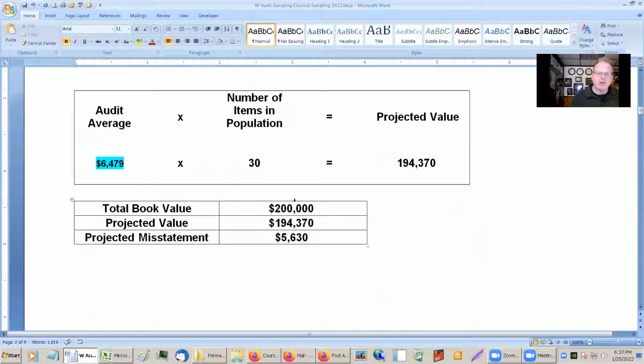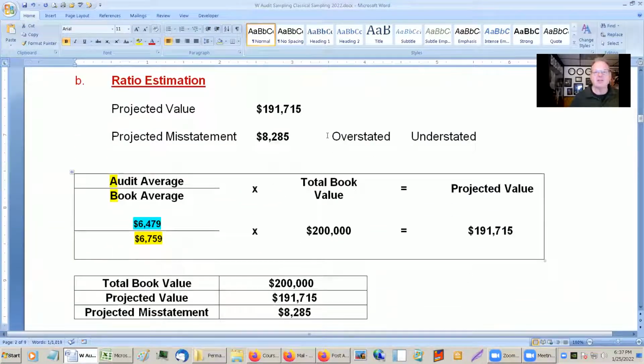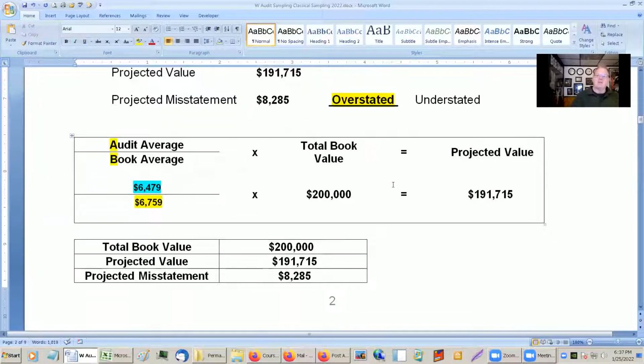Actually, it's the same as before, right? We think that it's worth less than what they have in the book, so this is overstated. They have overstated their books by 82.85. And again, is that material or not?